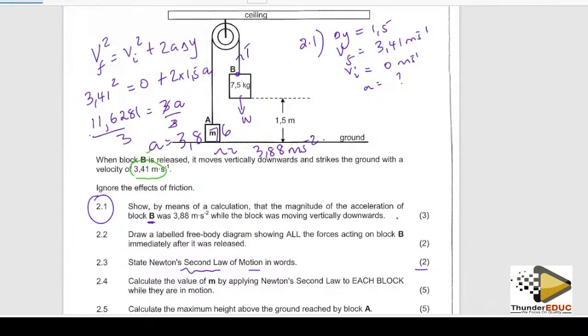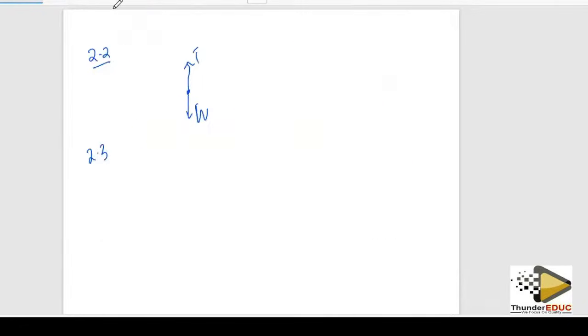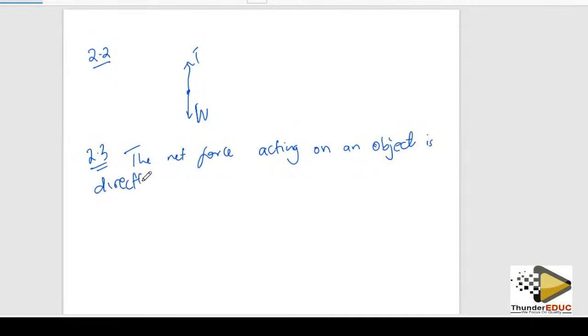Okay, so there are different formats, there are different scenarios to this law, but there are just some keywords that we normally want. And so one can say that the net force that is acting on a body, an object, is directly proportional to the acceleration.